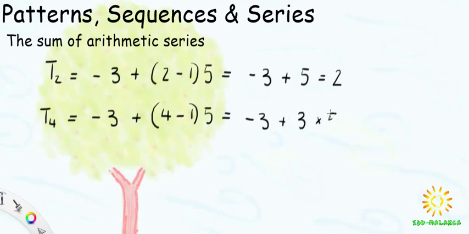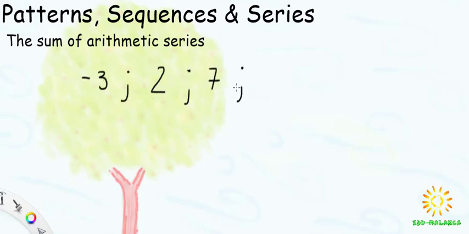And if we go further, we'll have negative 3 plus 3 times 5, that's equal to 15. So negative 3 plus 15, we have that term number 4 then is equal to 12. And we can come and write it in our sequence over here, 12.